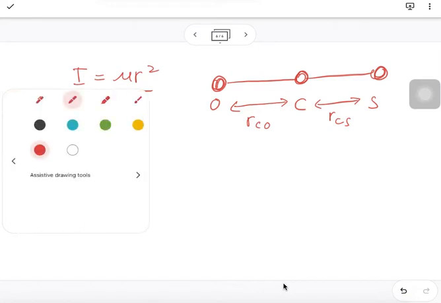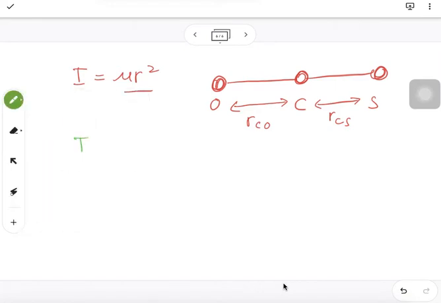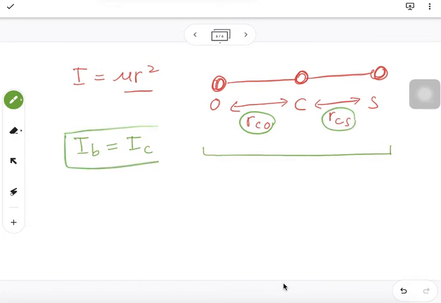If you have only one value of I, either IB or IC, you can only calculate the total bond length. Therefore, it is not possible to calculate RCO and RCS individually, because this value of inertia only allows you to calculate the total length from O to S. That's another limitation in linear polyatomic molecules.